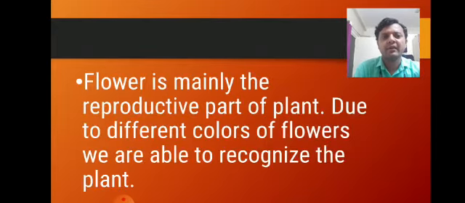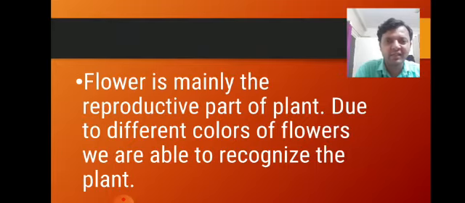Then, a flower is mainly the reproductive part of a plant. See the very important function performed by the flower. With the help of the flower only, the plant will reproduce. How? You all know, first the flower will appear, then the flower changes into fruit, and inside the fruit what is there?